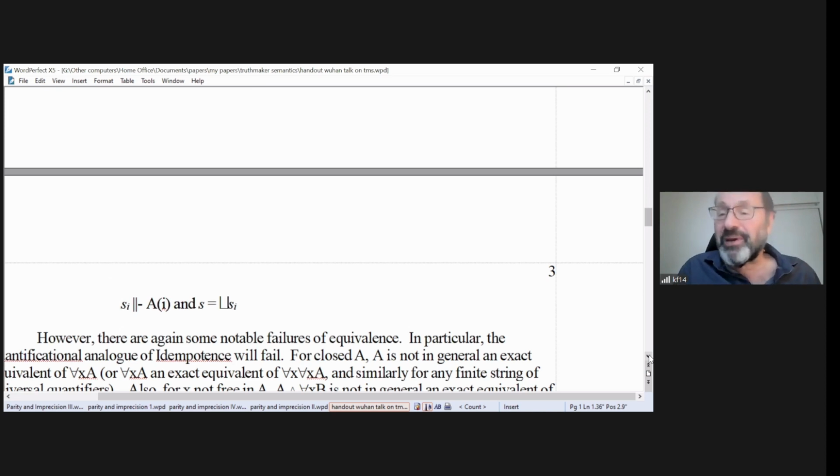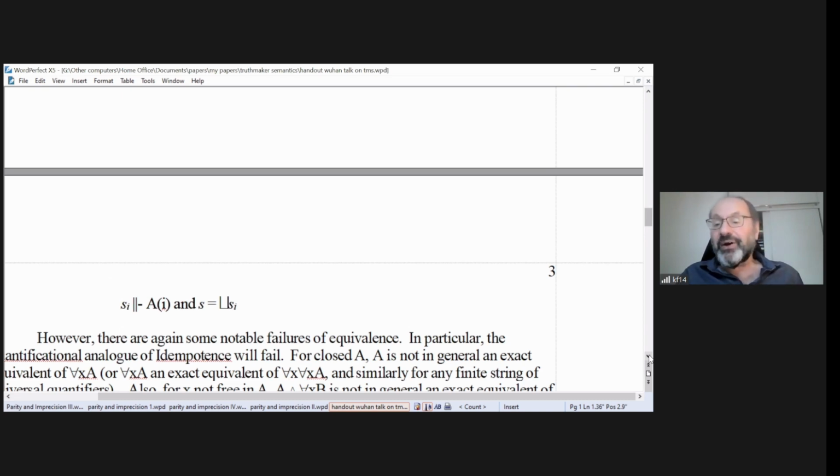And then I choose a truth maker for J, and that could be the other one. And that can be the truth maker in all the other cases as well. So then the truth maker for all XA will just be the fusion of those truth makers for the instances, which will include, if there are two individuals, any two truth makers for A as a truth maker for all XA.